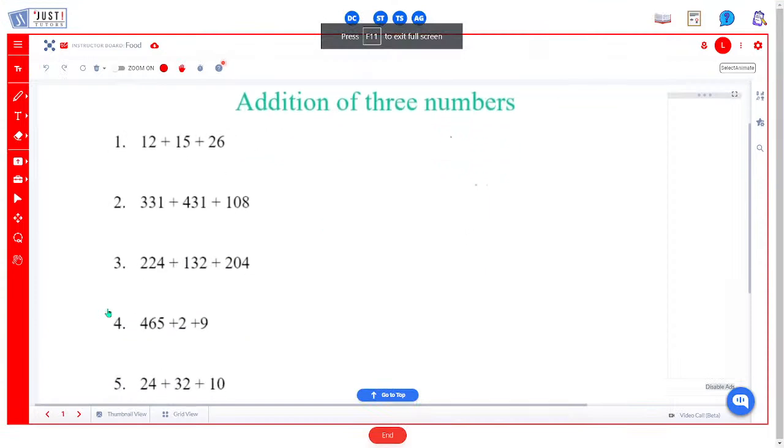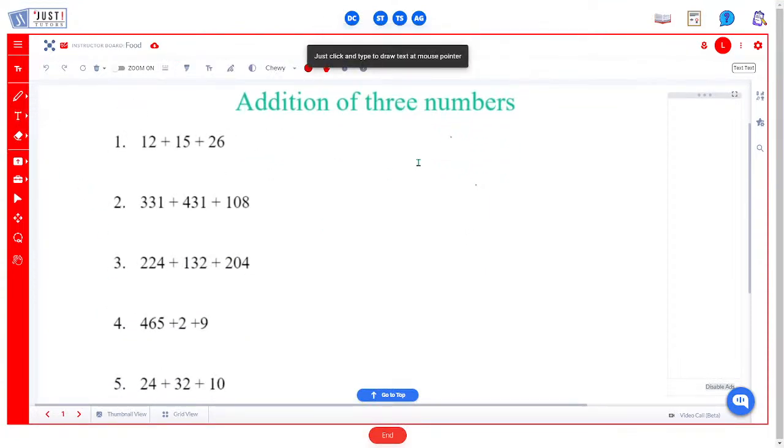So here we have these questions, and let's try adding these numbers using column addition first of all. So I would write 12, then below that I would write 15, and below that I would write 26.